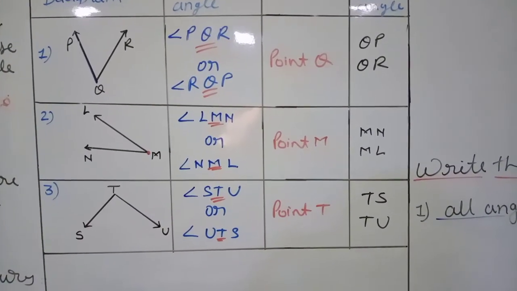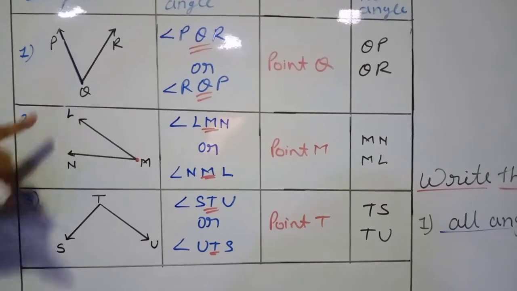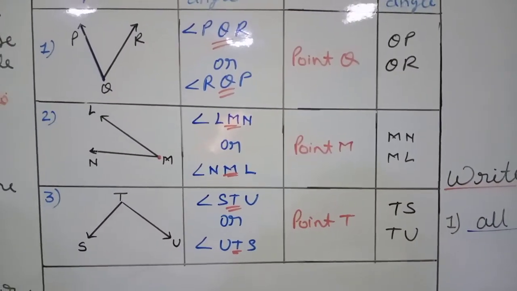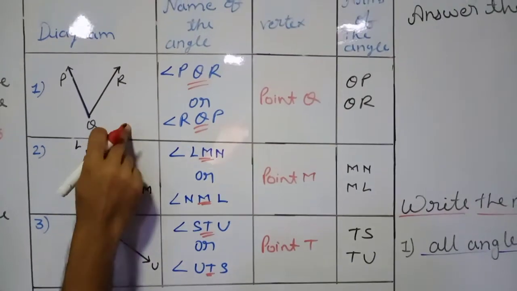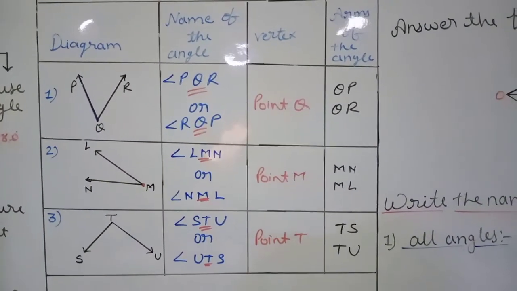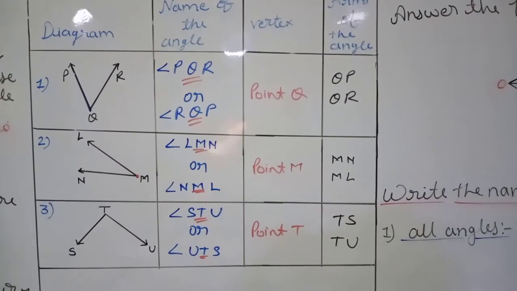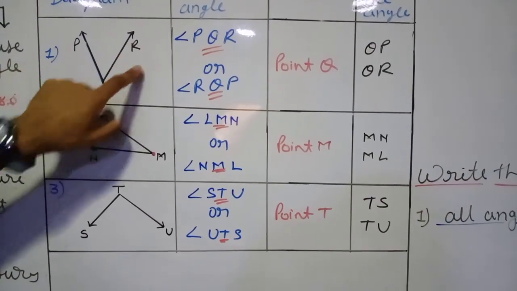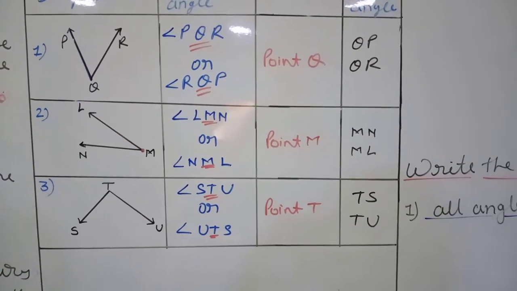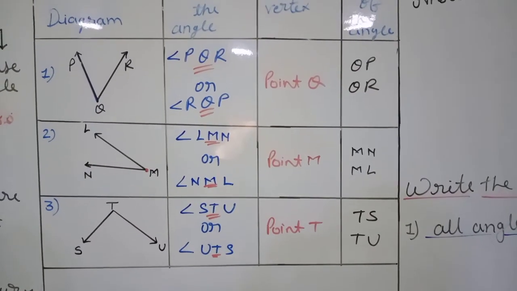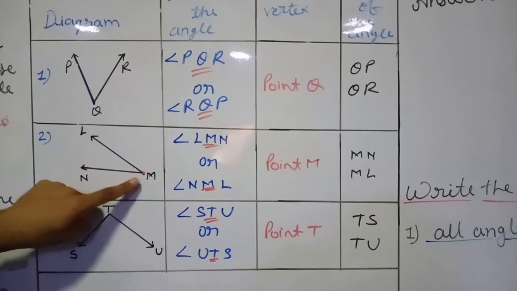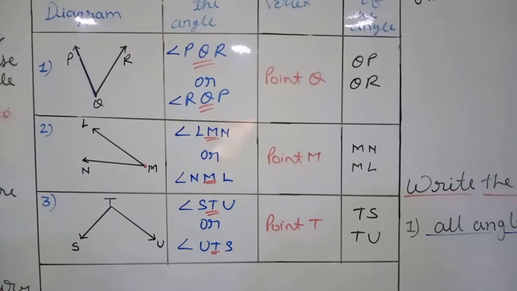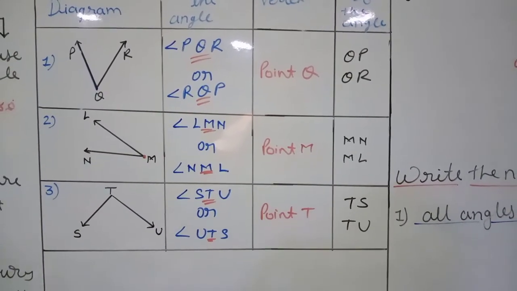We can write the name of an angle in two ways, a one-letter name and a three-letter name. Suppose in this same one, the three-letter name is PQR or RQP. But if we want to write the one-letter name, that is angle Q, angle M, angle T. This way we are going to write.